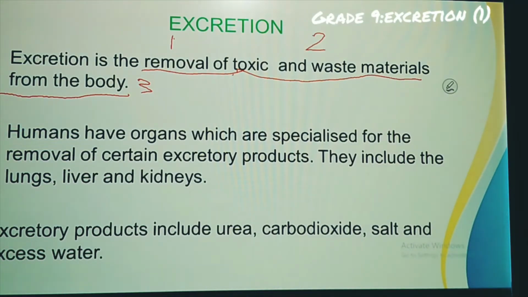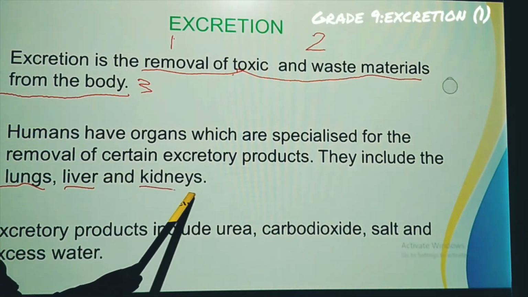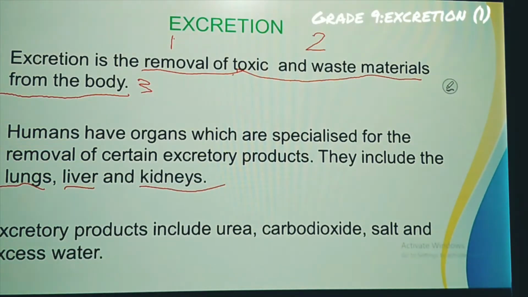So humans have organs which are specialized for the removal of certain excretory products. These organs include lungs, liver, and kidneys. So if the question says name 3 organs that are specialized for removal of excretory products: lungs, liver, and kidneys.